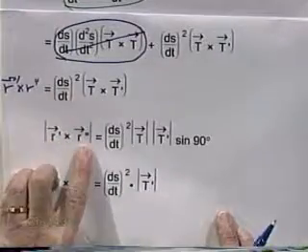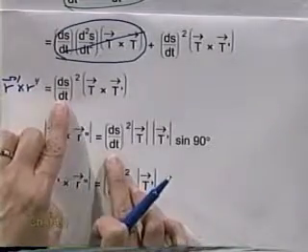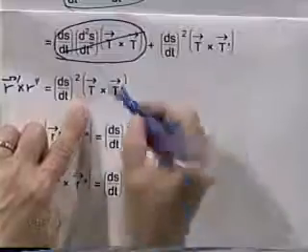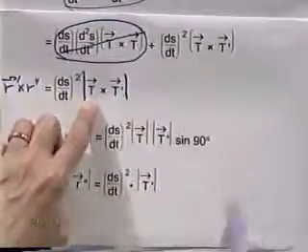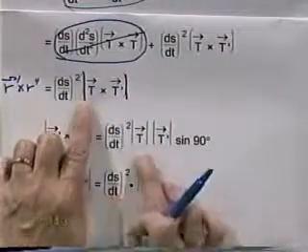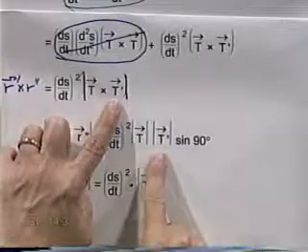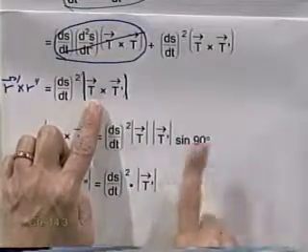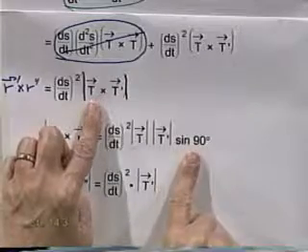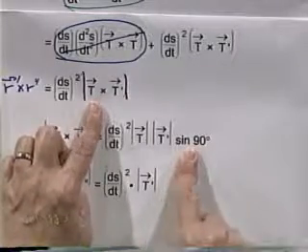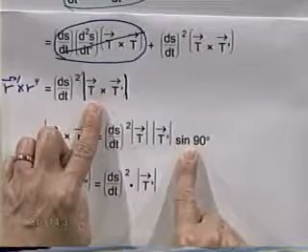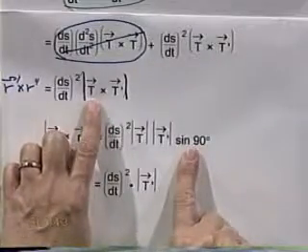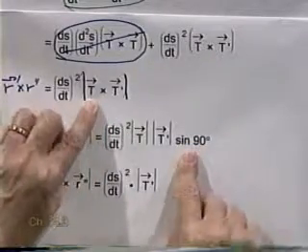So the magnitude of r prime cross r double prime will equal (ds/dt) squared times the magnitude of T cross T prime, which is the magnitude of T times the magnitude of T prime times the sine of the angle between them. T and T prime are perpendicular to each other, so the angle between them is 90. Remember, the reason that was the case was because T is a vector that's always of length 1.